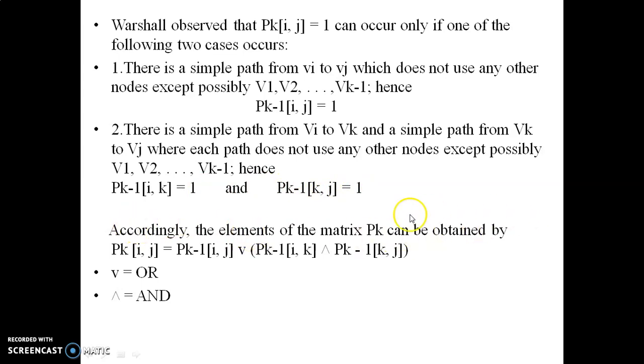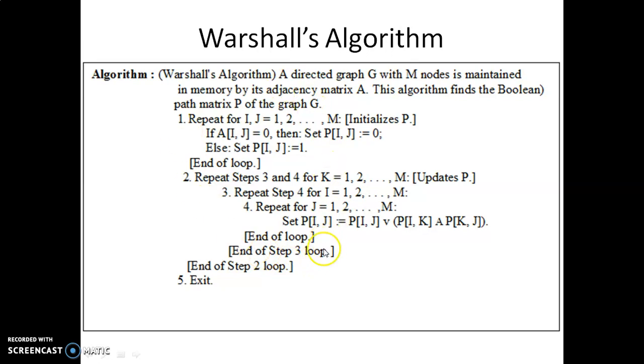Accordingly, we obtain matrix P of k by using this particular formula. Basically, if you see here, this is the AND operation and this is the OR operation. We have already discussed this in the previous example, considering the numerical values. So this is how the Warshaw's algorithm is written.